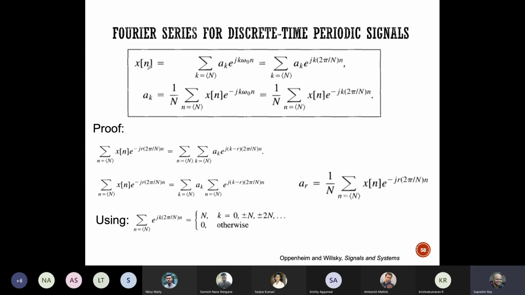I multiply it by e to the power minus j r 2 pi by N n, and then I sum it like this. Okay, so what are we trying to do here? Just to make everyone clear, we are trying to find out how to get a_k. I want to find out this equation. Instead of integrating, which I was doing before, I am instead doing a sum here.